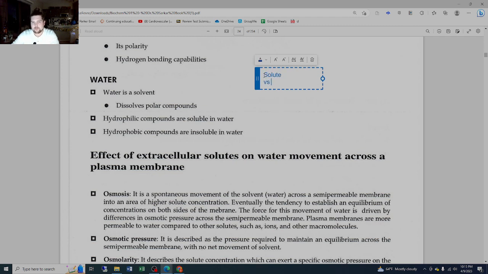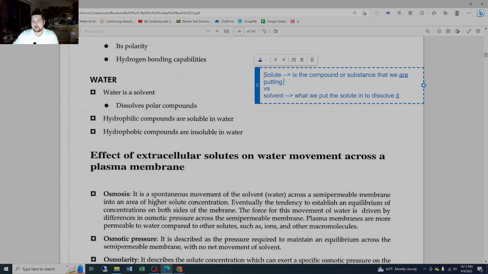Solute versus solvent, right? The solvent is what we put the solute in to dissolve it. The solute is the compound or substance that we are putting into the solvent, typically water.